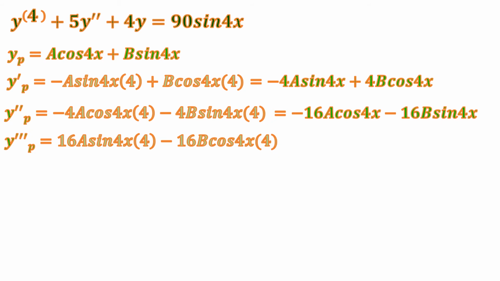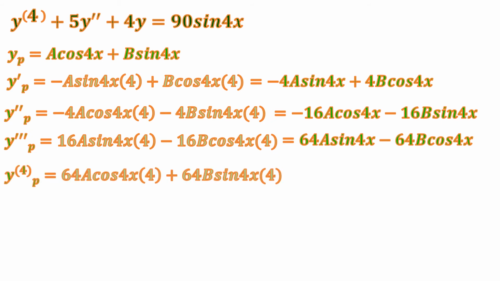Derivative of cosine is negative sine, so the negative times negative is positive. It becomes positive now. Then derivative of sine is cosine, so the negative sign will not change because it is the derivative of sine. And then we'll multiply the constants. 4 times 16 is 64 for both.